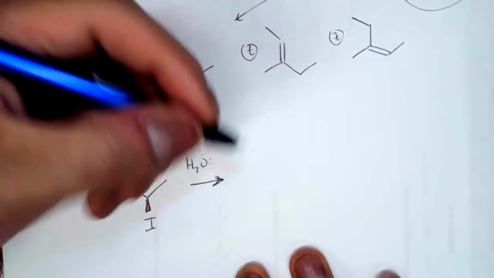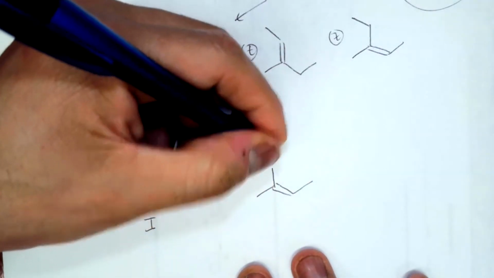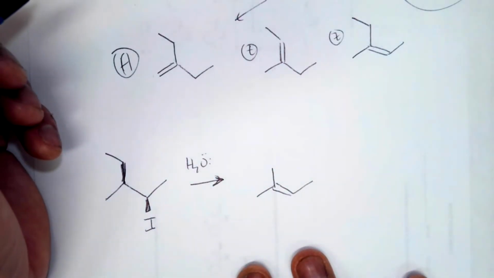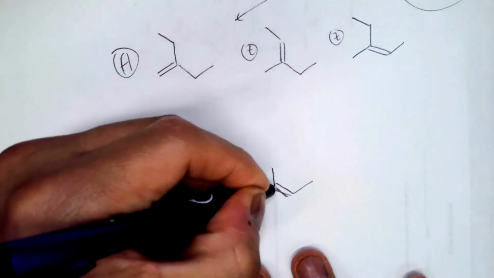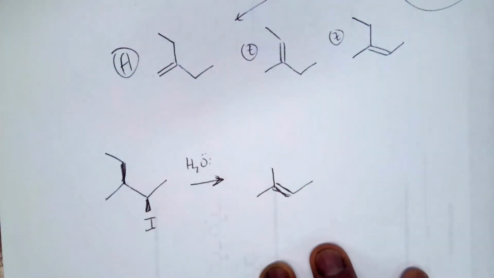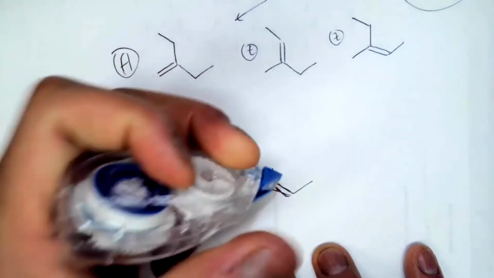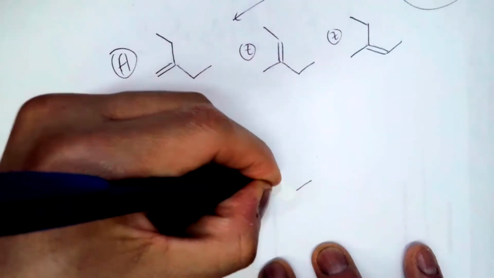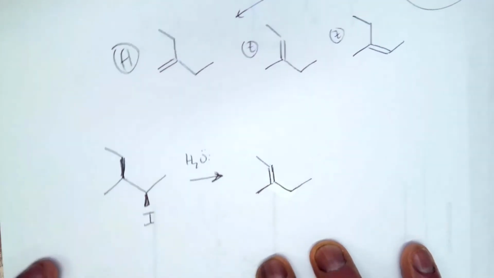They tell me to draw the mechanism for this conversion. Mistake. We said that the other one was the major product. Right?